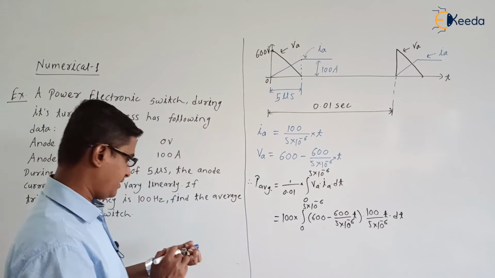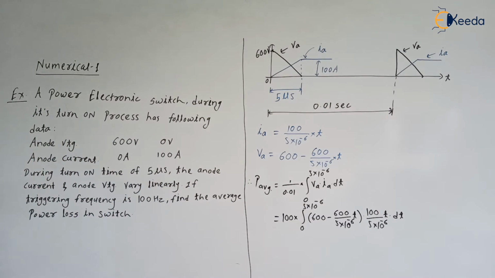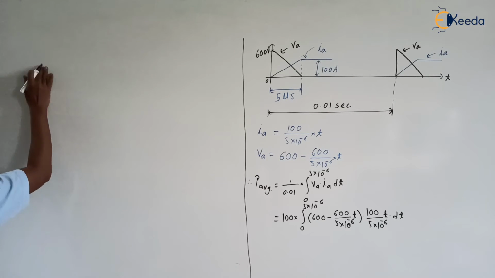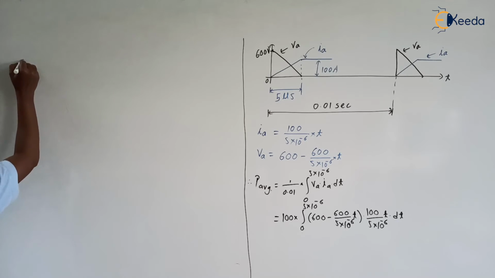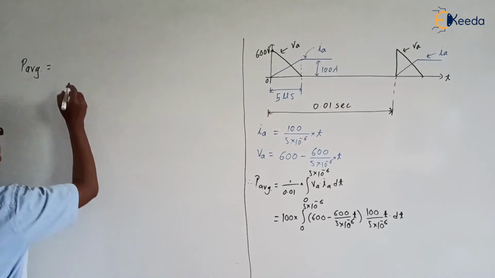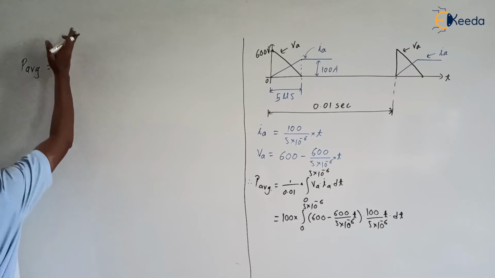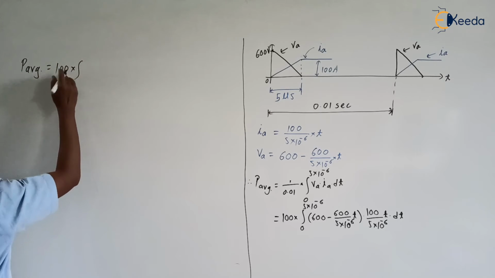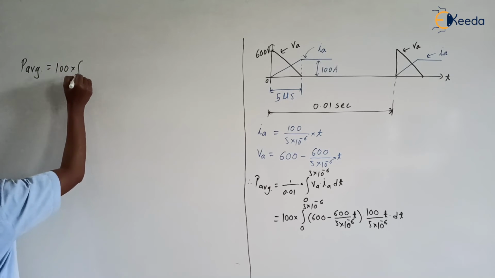Further, can we simplify it? Yes, I am writing here. So this can be written as P average is equal to 100 into integration from 0 to 5 micro.